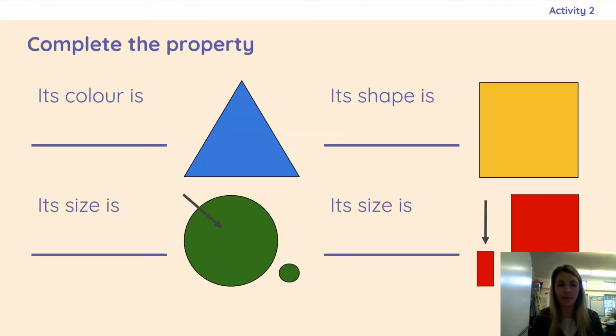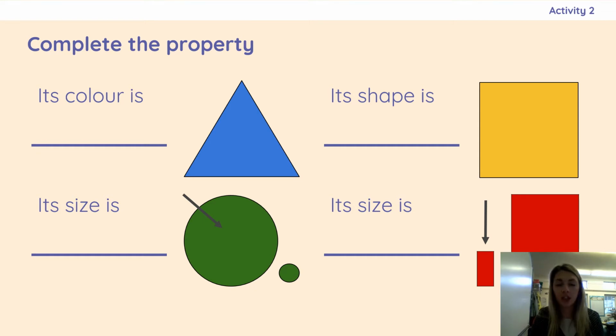Complete the property. Looking at these different items on the screen, we're going to complete these sentences with the correct property it's describing. If we look at the first triangle shape, its colour is blue. So we have described the object by the property colour.